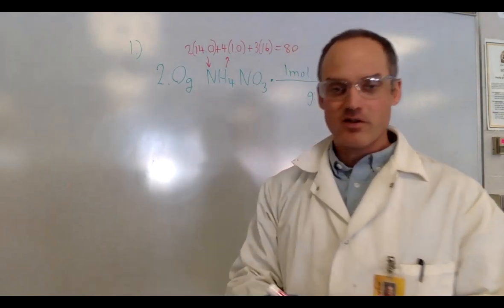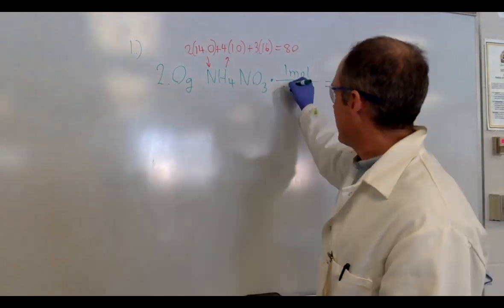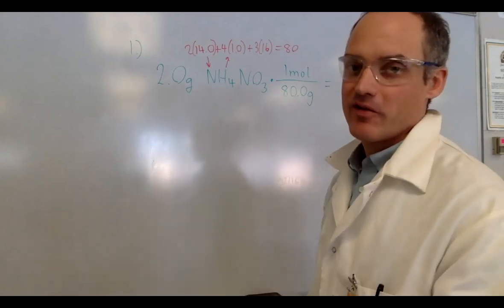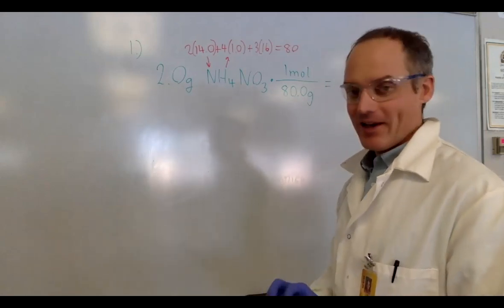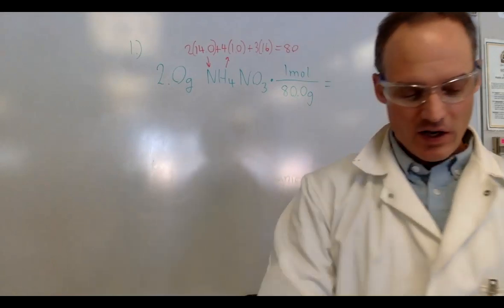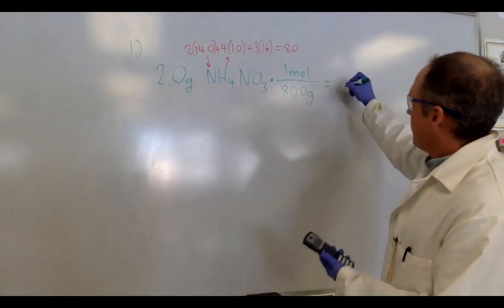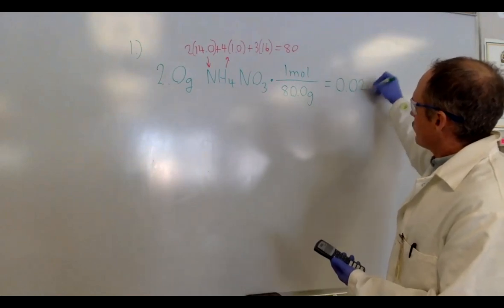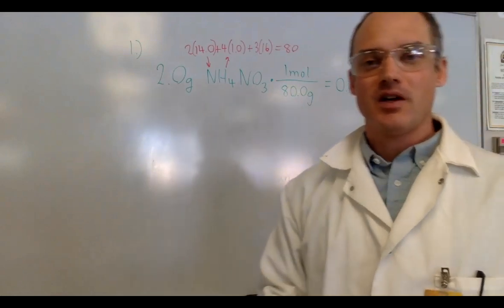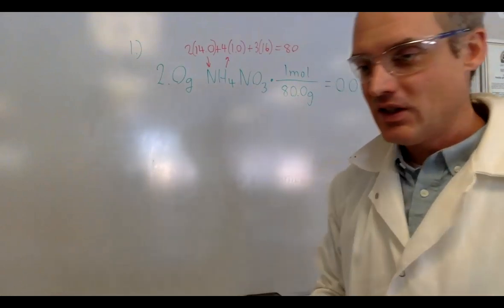That goes in your denominator right here. So we're going to divide 2 by 80, and that gives us moles of 0.025, which is pretty typical for it to be small like that.